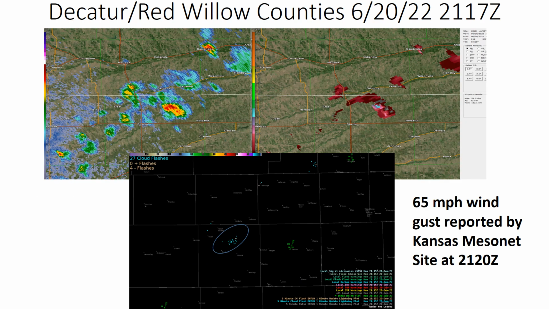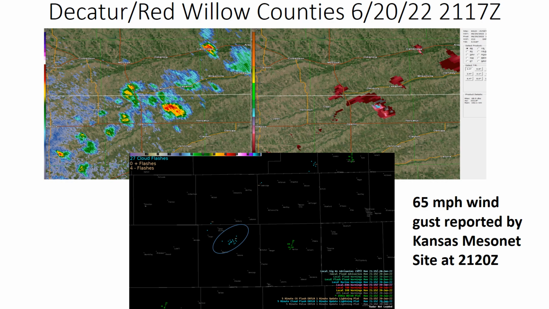Moving on to 2117Z, you can see that there was a little bit of an uptick in lightning associated with the storm. That is reflected by the image on the very bottom of the screen there.